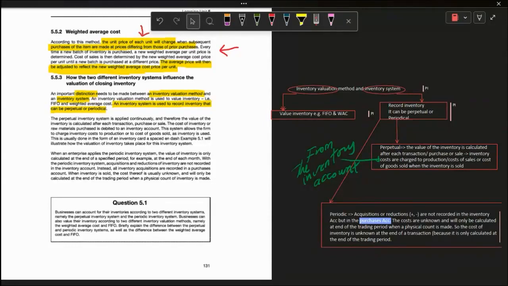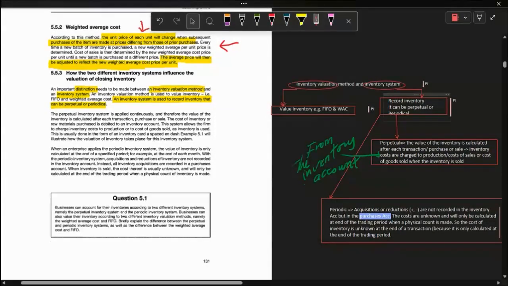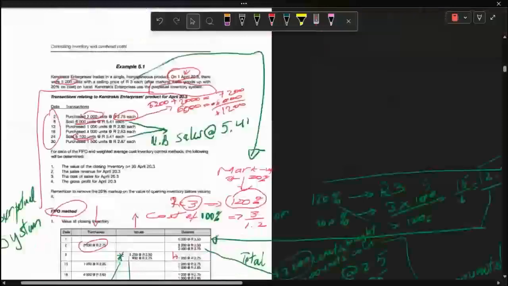It's accounting: first in, first out, and weighted average. With weighted average, every time we buy new stock, we calculate the cost per stock by doing the weighted average. First in, first out, and weighted average.